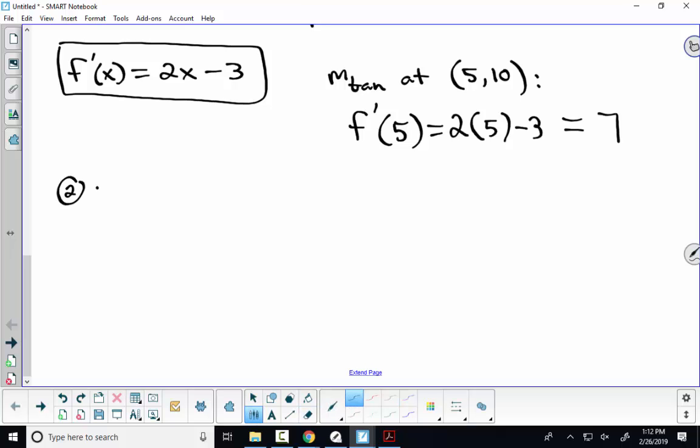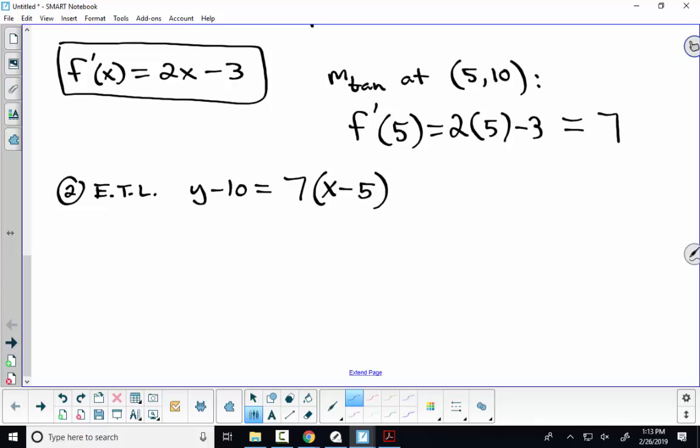So then, the second step, equation of the tangent line. We have y minus y1 equals the slope of our tangent line times x minus x1.